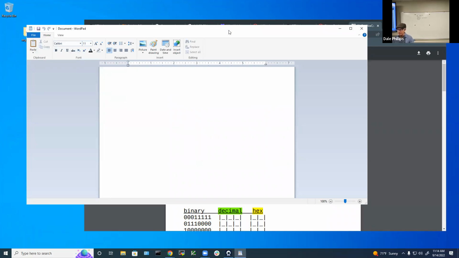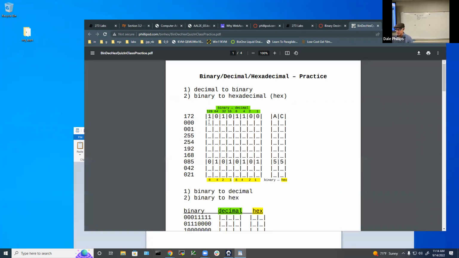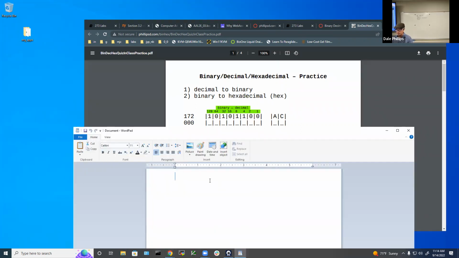So what we have here is 0 to start with. All I'm going to do is the binary to decimal. So I have my 0000, when that kind of makes sense. I need to make this bigger. Of course, it doesn't work that way.